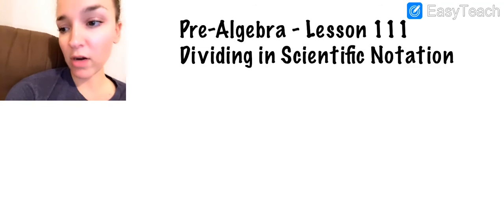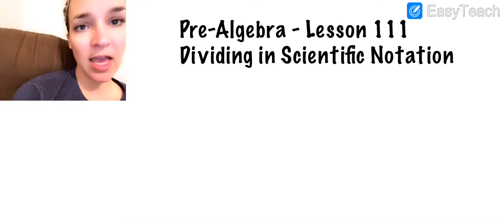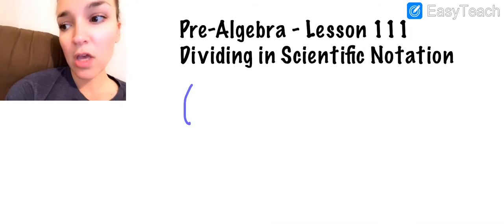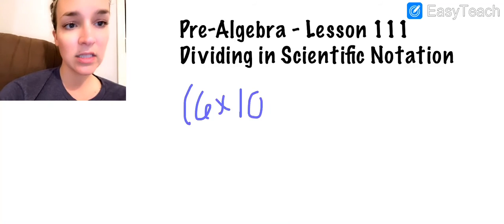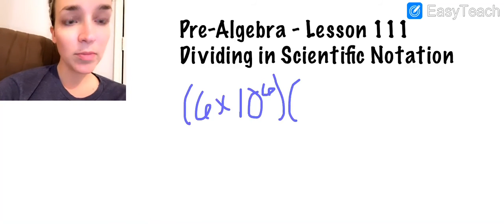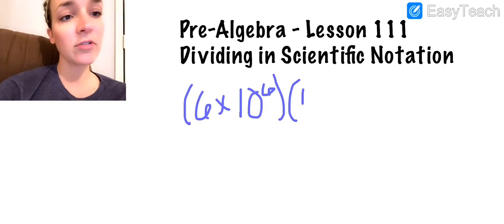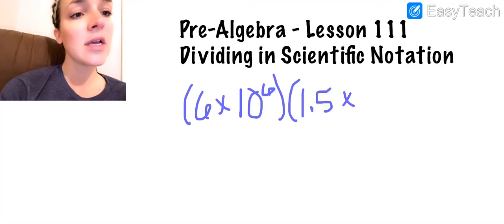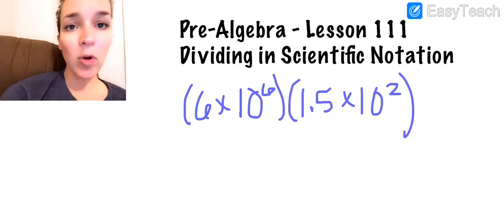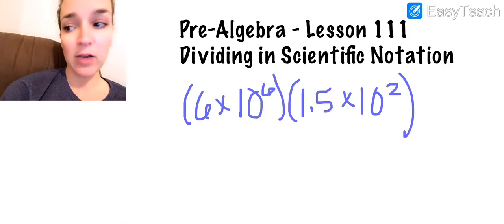So just so that I can show you what I'm talking about, whenever we take two expressions that are in scientific notation, for example, 6 times 10 to the 6th power, and we multiply that by another scientific notation value, which would be, in this case, 1.5 times 10 squared, remember, we use a process called grouping or regrouping.